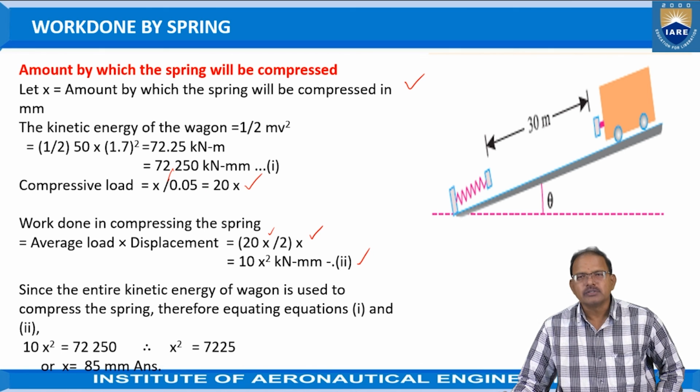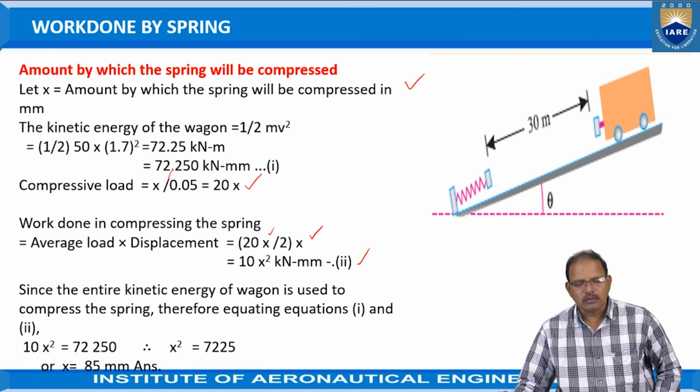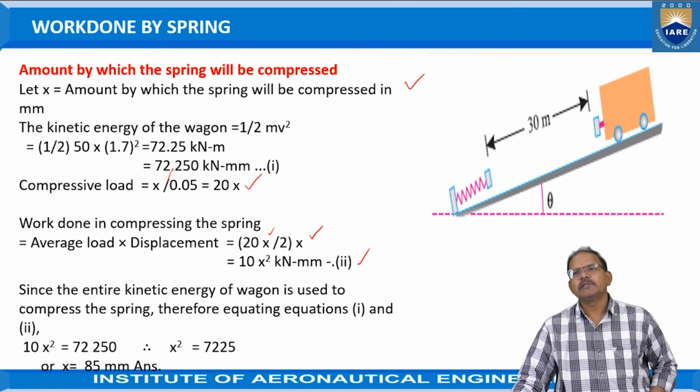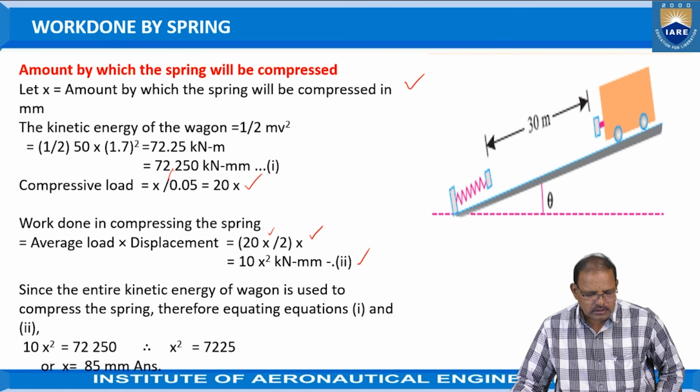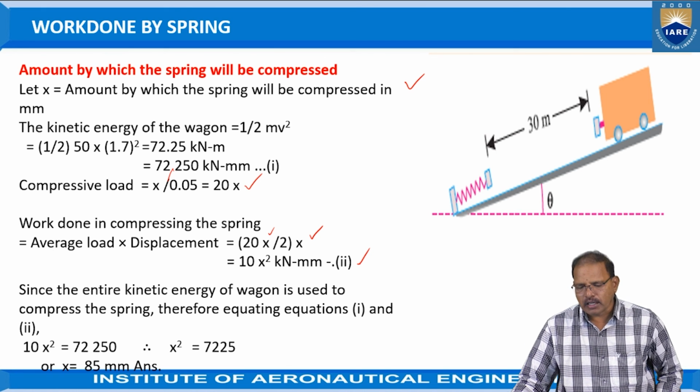Equating these two, x square is equal to 7,225 or x is equal to 85 mm. That means the spring compresses a distance of 85 mm when the wagon strikes. Okay, this is our required answer.